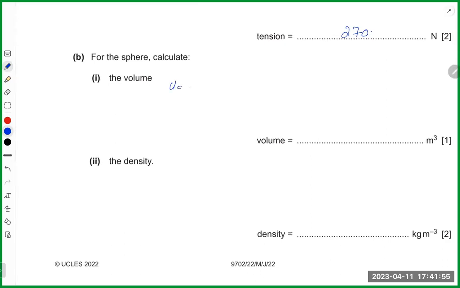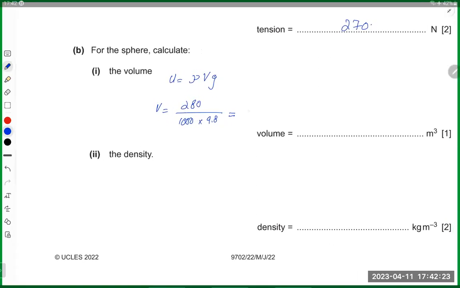Upthrust equals density times volume times g, so volume will be equal to upthrust divided by density, which is 1000, and gravitational acceleration is 9.8. So 280 divided by 1000 divided by 9.8. So 0.029 meter cube.